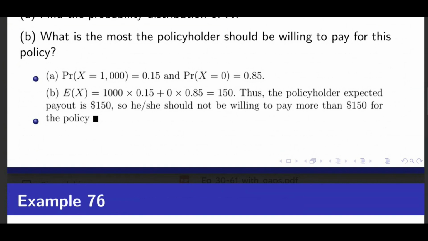The expected amount that people get paid is 150, so a fair amount for the policy is 150. Of course, this is a highly simplified example, but it motivates expected values. In the long run, in the population of people, the average amount that gets paid out is 150. So a reasonable premium is 150. Okay, another example.